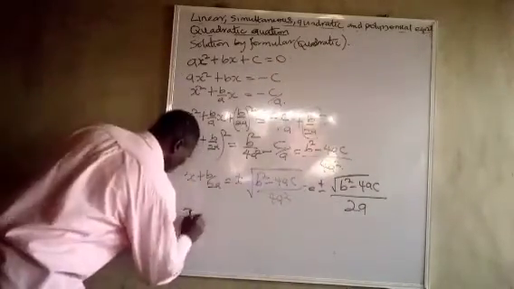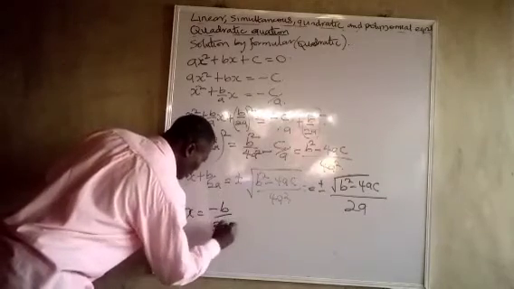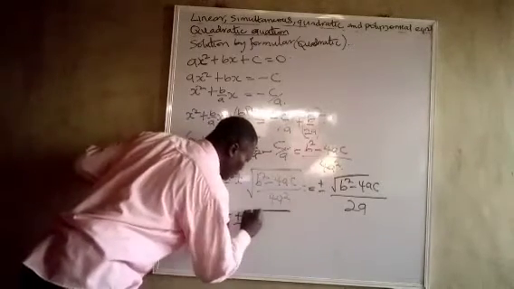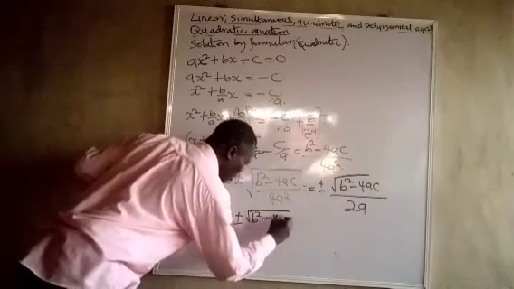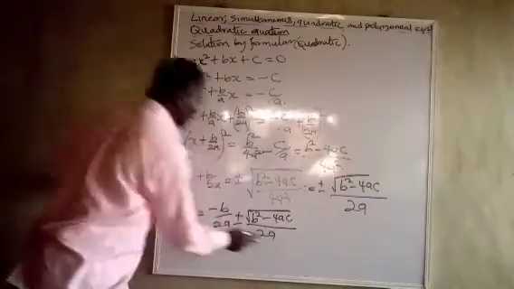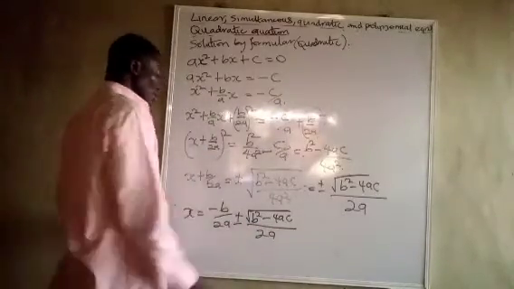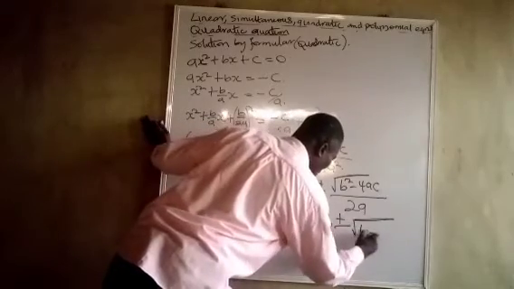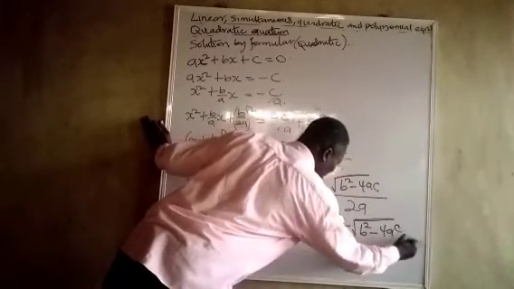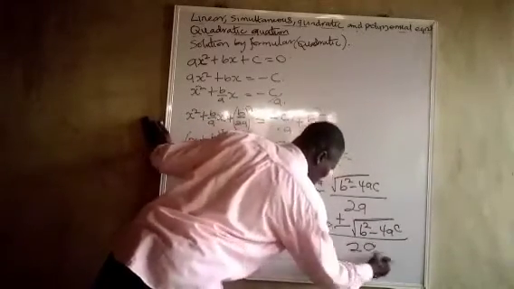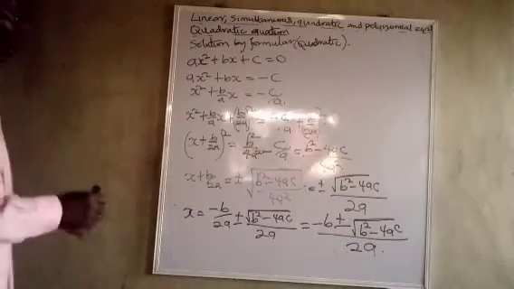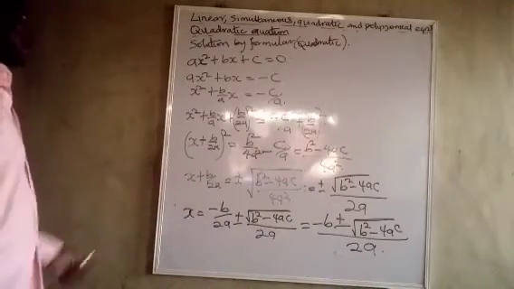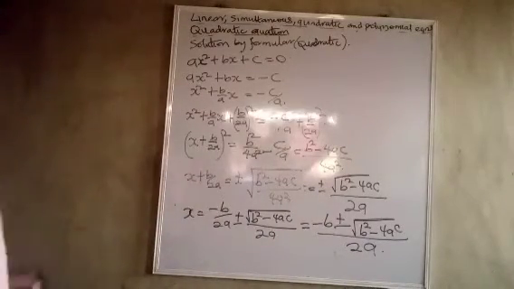Therefore, x is equal to minus b over 2a plus or minus root of b squared minus 4ac over 2a. And since the denominator is equal for both, I can write it like this: minus b plus or minus root b squared minus 4ac over 2a. So that is the quadratic formula. You can learn it by heart, and anytime you have a quadratic equation and you want to get the roots, that is the formula you use.